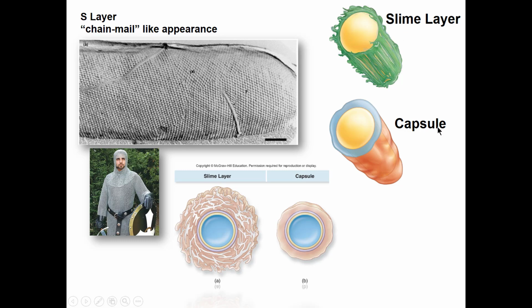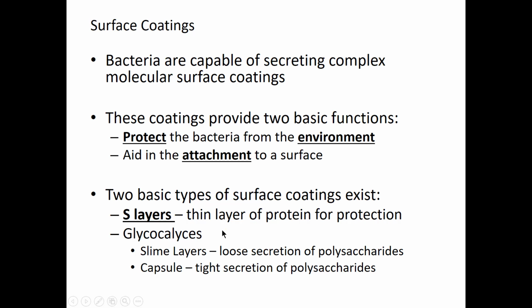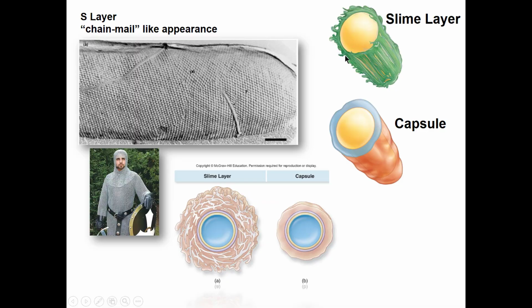Slime layers and capsules, going back here just real quickly, these are the two examples of the glycocalyx. So a slime layer, as the name accurately implies, is a loose sort of aggregate of the sugary substance, and the capsule is more of a tight, rubbery kind of configuration of that sugary substance. And so you can see a couple different angles, or illustrations rather, shown here, and then a cross section here.